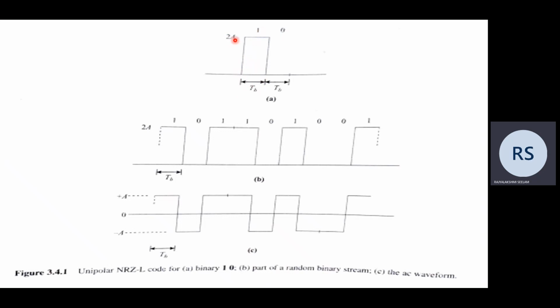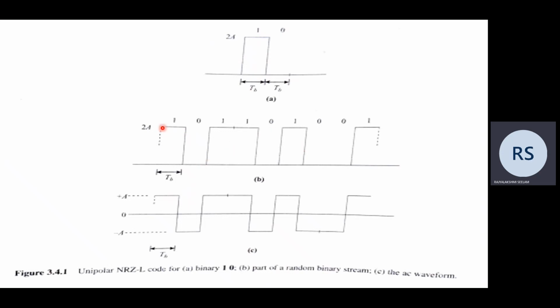Here the amplitude is 2a and it is 0. This is the bit period from here to here. This is representing 1 and this is representing 0. This is 1 bit period and this is 1 bit period. This is part of a random binary stream.